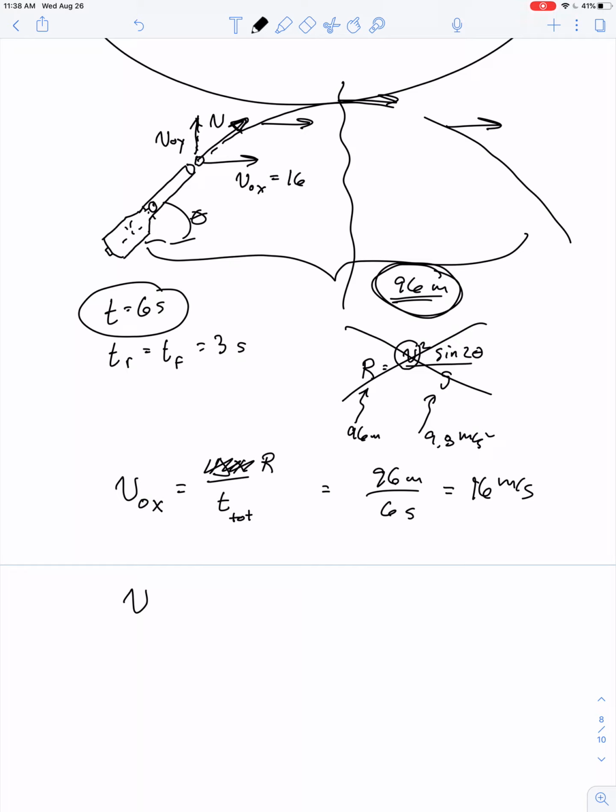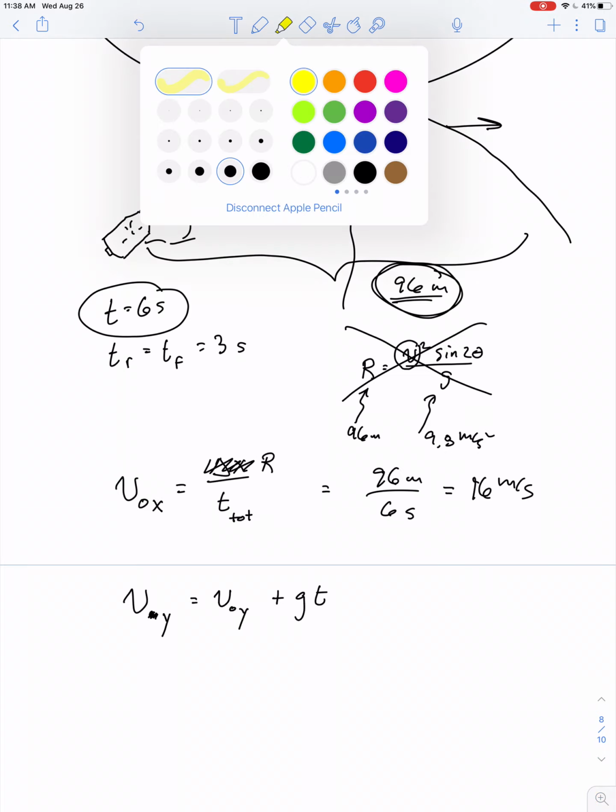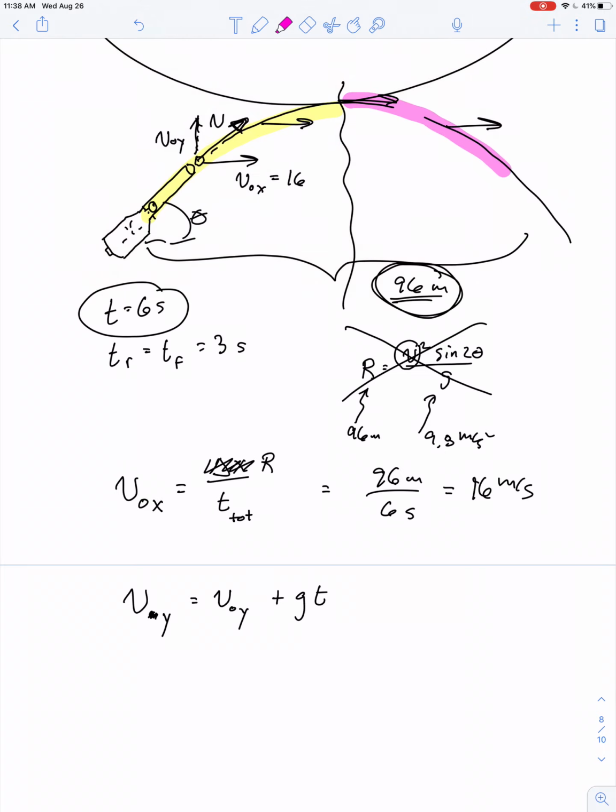For the vertical speed, we can use the equation v final in the y direction is equal to v initial in the y direction plus acceleration times time. And then we can choose whether we want to focus on rise or fall.